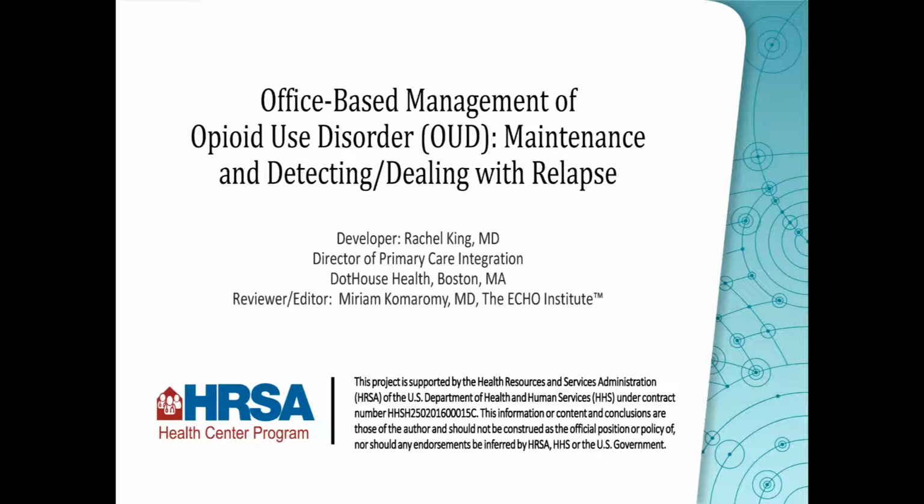What I do with benzos is I really try very hard to figure out if this is an occasional lapse where they're using Valium once a week when they get really stressed after a fight with their mother or something like that, or are they using it on a daily basis and in an out-of-control manner? You can't always tell 100% for sure, but a lot of times you can get a fairly good idea, in part based on the levels and in part based on what the patient tells you. And alcohol, it can be really tricky to find out.